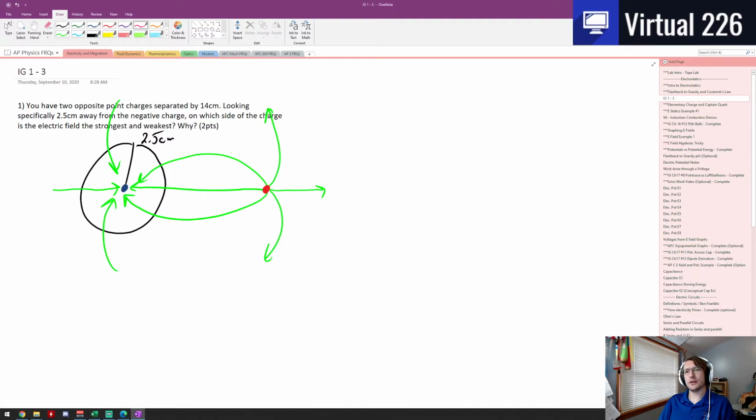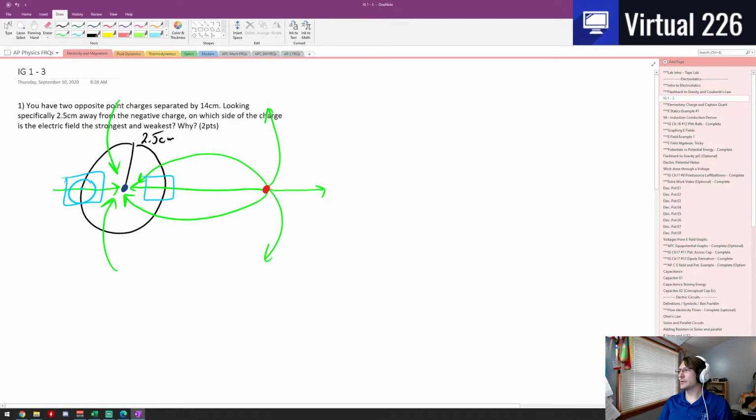So we're asked, where is this electric field strong and where is it weak? Well, if we just look at the density of the field lines here, these are more packed tightly together than these are over here. So over here is going to be our answer.